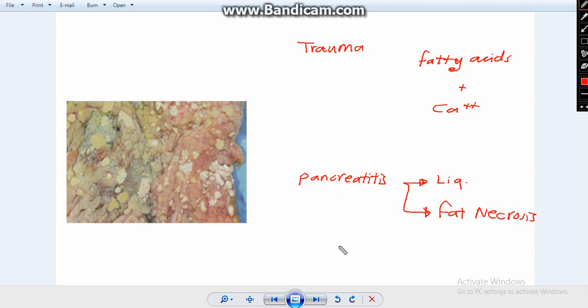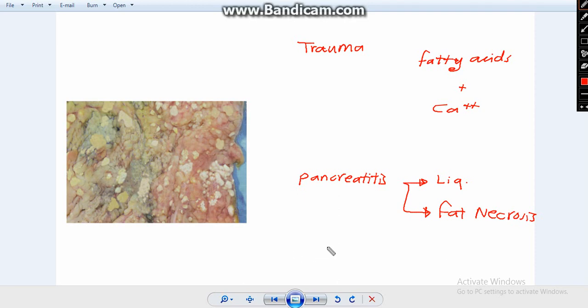One last remark on fat necrosis is that it is an example of something called dystrophic calcification. Dystrophic calcification means that calcium deposits within dead tissue.